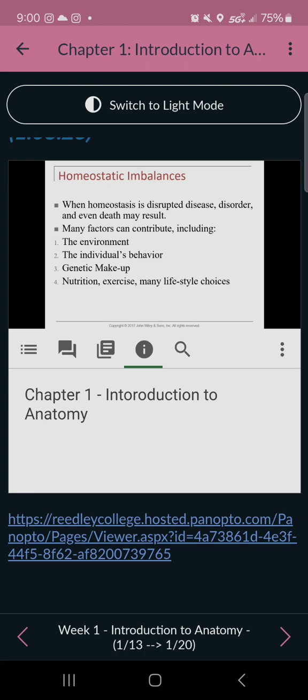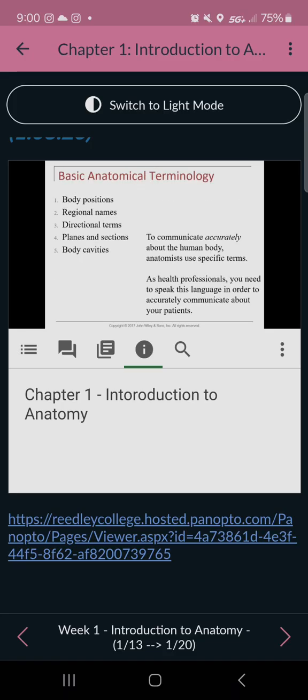Okay, so there are many factors that can contribute to homeostatic imbalances, including the environment, the individual's behavior, genetic makeup, nutrition, exercise, and many lifestyle choices. Basic anatomical terminology.